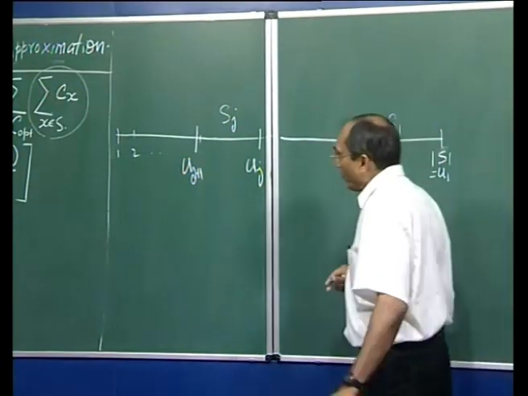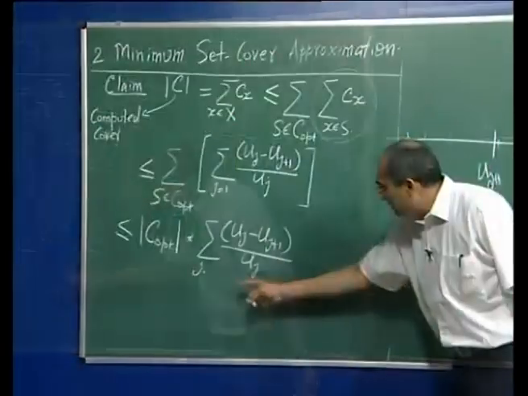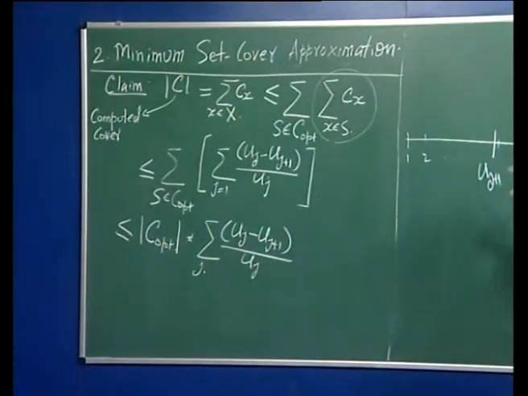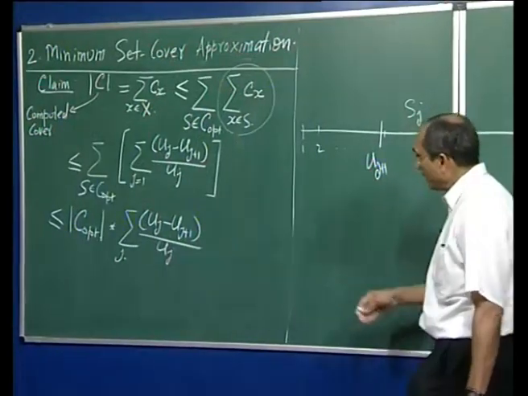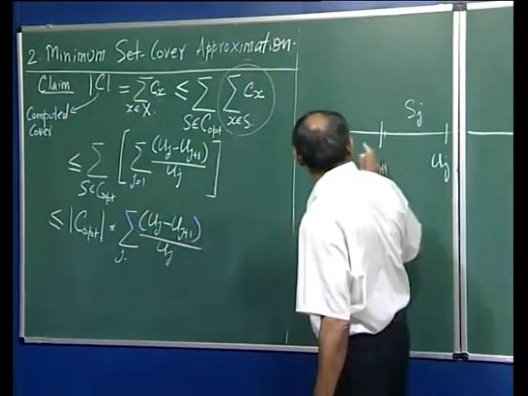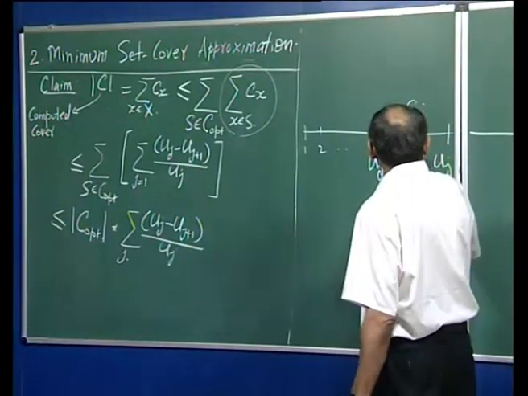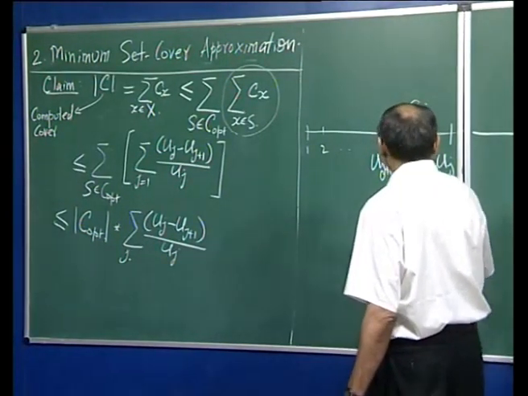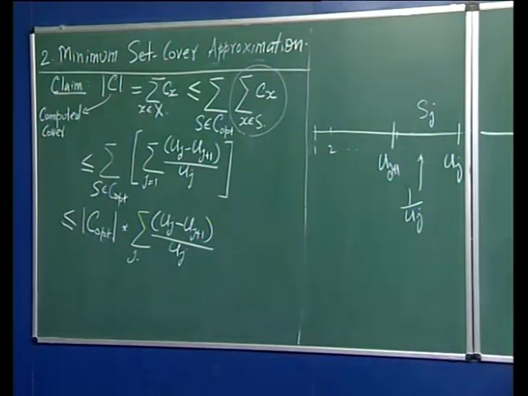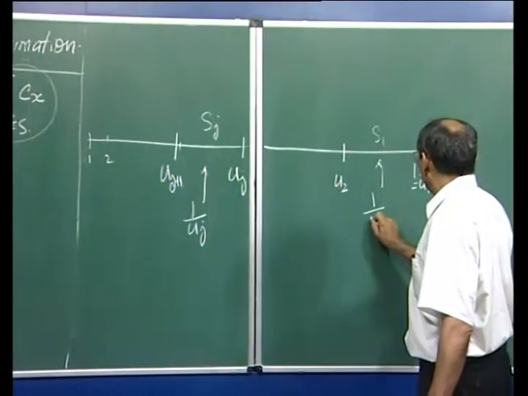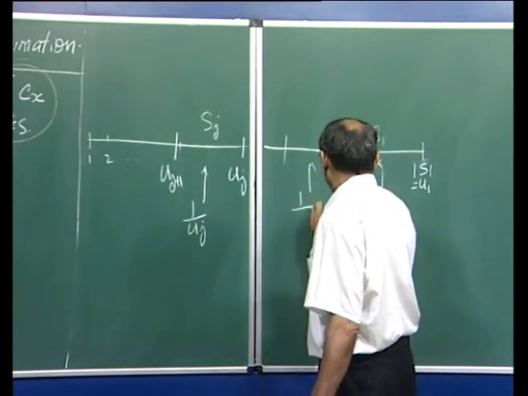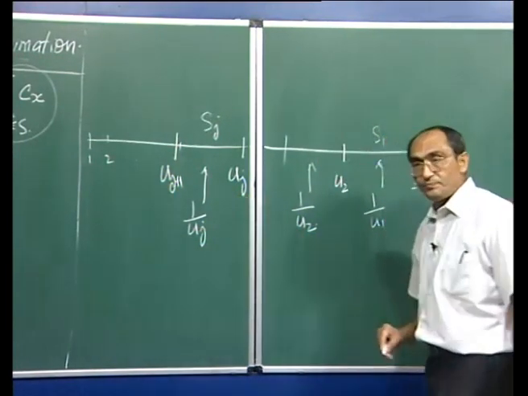Now, what this is saying is that for each of these you charge 1 over U_j, then you will get this term associated with this section. So, you will charge here 1 over U1, over here 1 over U2 and so on.